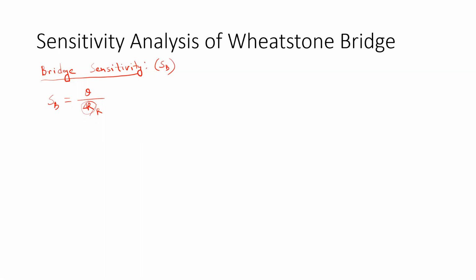If you want to establish a relation between bridge sensitivity and voltage sensitivity, we can do that by using the expression of theta that I last wrote in the previous slide, that is SV into E into SR divided by R plus S whole square.